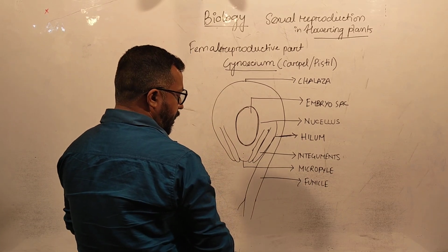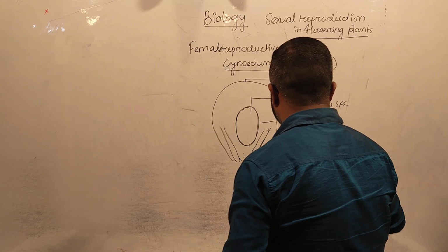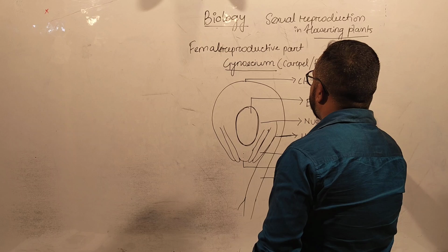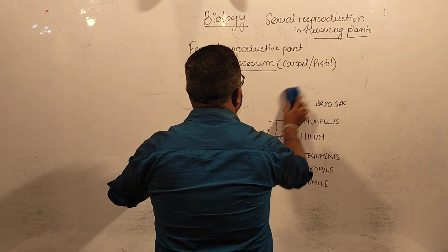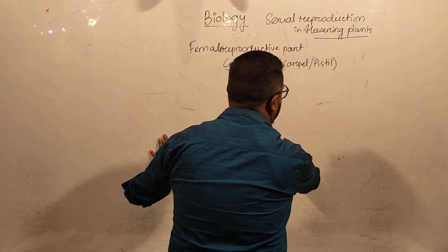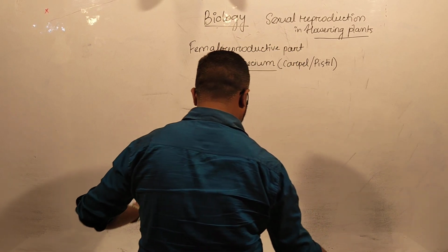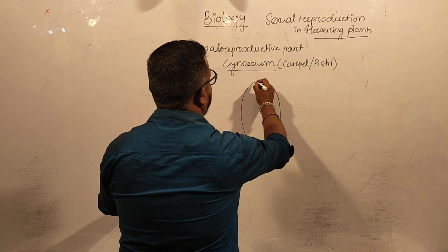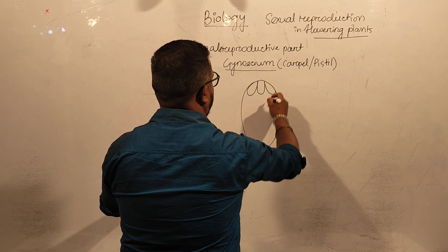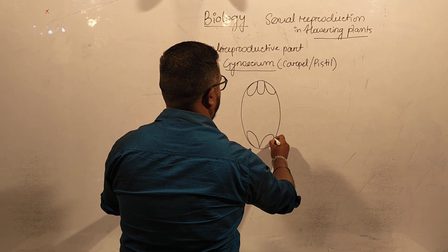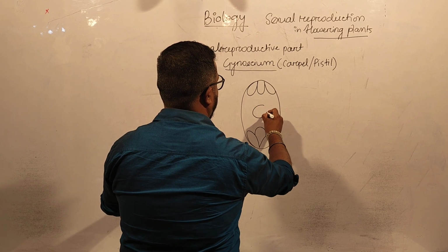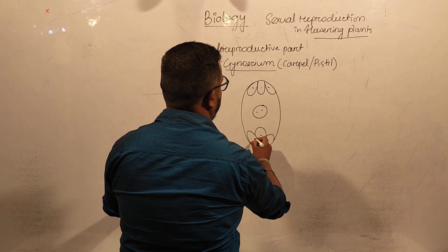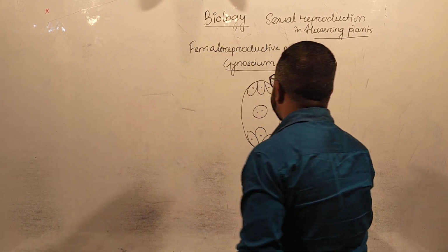Now let us have a closer look at this part. How does it look? I'm going to draw it. We can see here there are 7 cells.